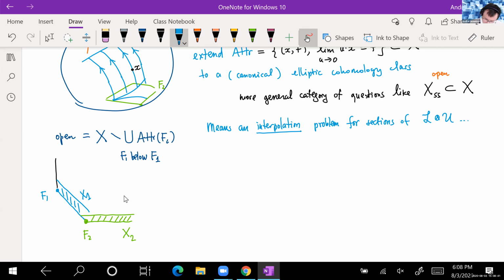Let all the fixed components be ordered, and then I denote by Xi the union of neighborhoods of the attracting manifolds of Fj for j bigger than i.